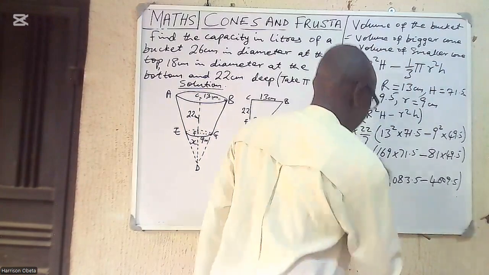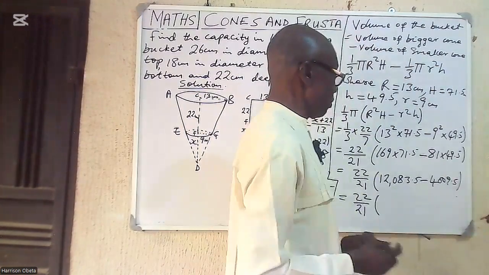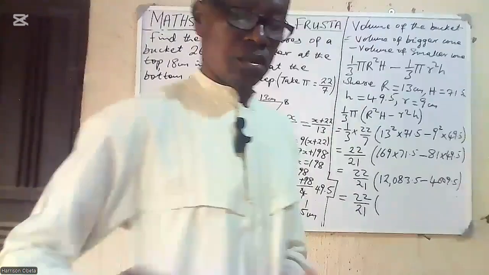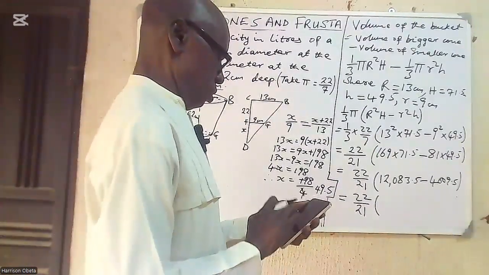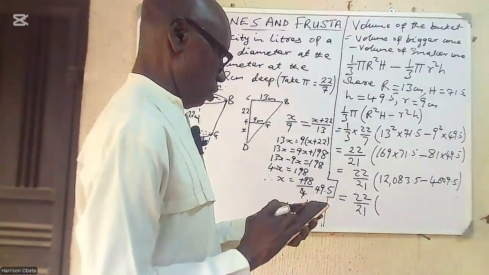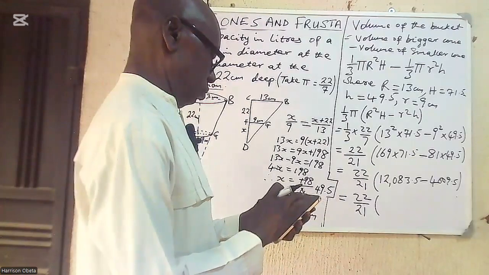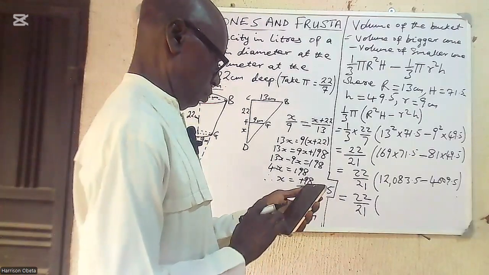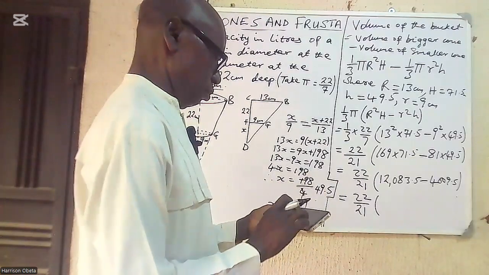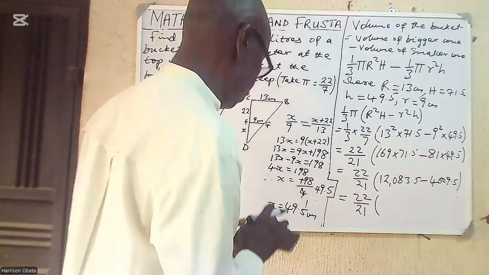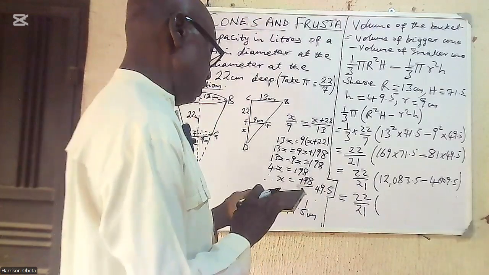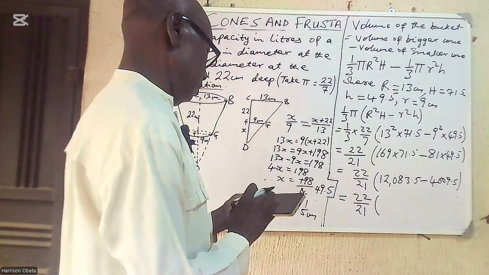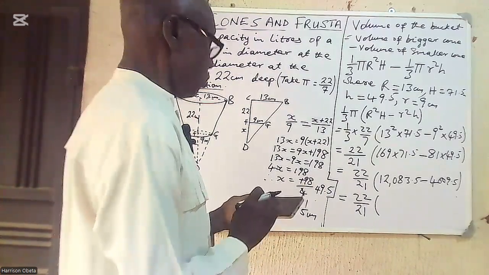22/21 bracket, carry out the subtraction. Going to our calculator, we have 12,083.5.